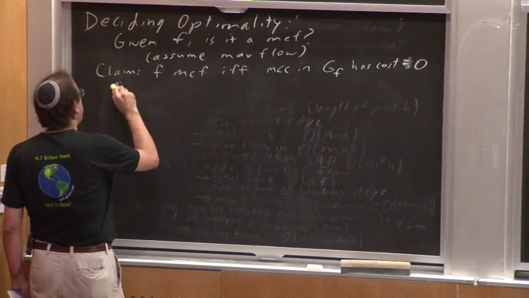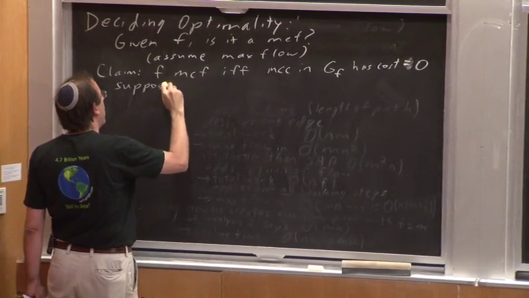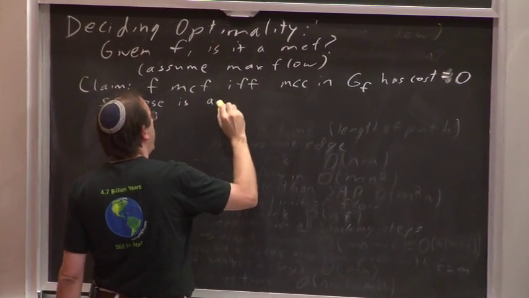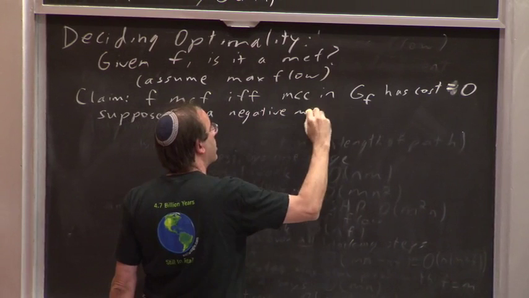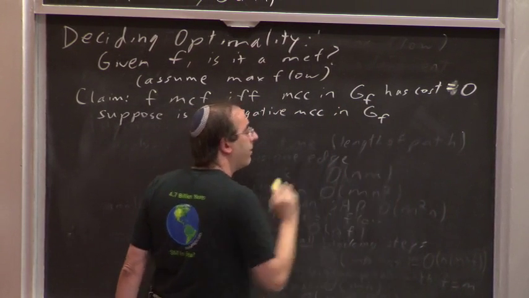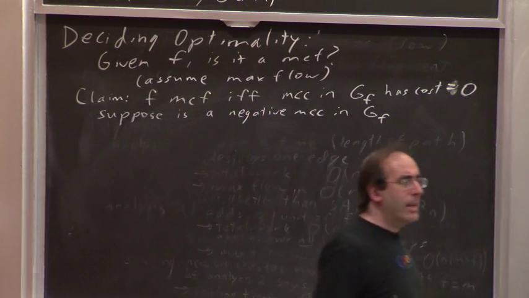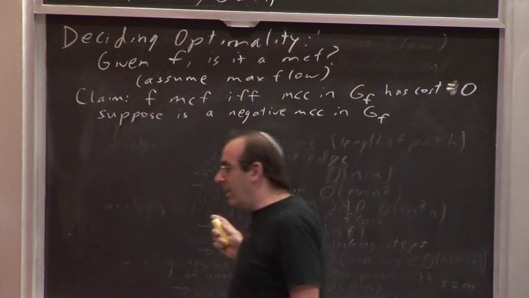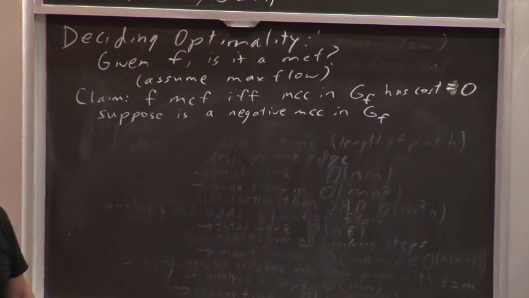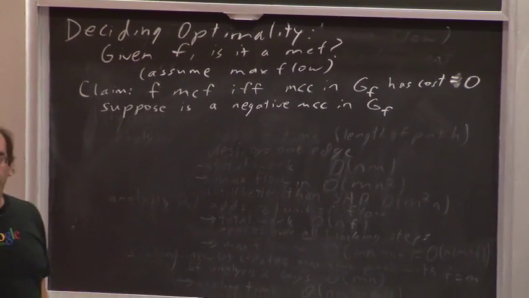So suppose that there is a negative min-cost circulation in G sub F. Can I find a simpler proof? Because we don't know how to find a min-cost circulation yet. So that would seem to make it hard to actually figure out whether our flow is optimal. Is there something simpler we can point to that arises as a consequence?